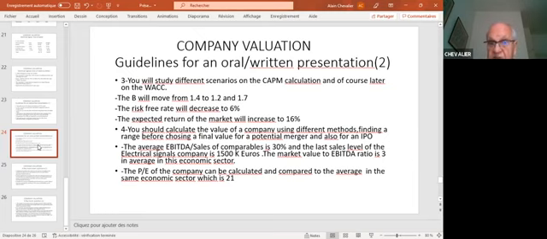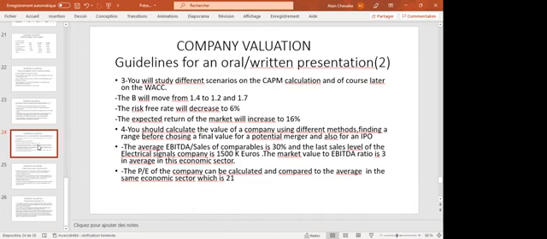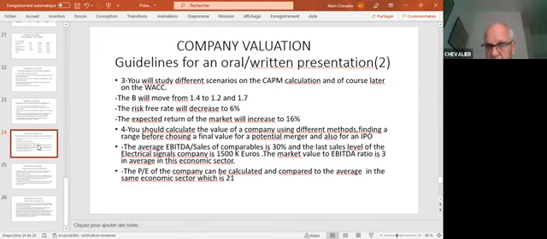The average EBITDA on sales of comparables is 30%, which is quite important here to make a larger analysis. The last sales level of the Signal company is 1,500 euros. The market value to EBITDA ratio is 3 on average in the economic sector.